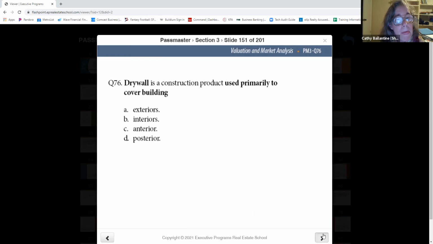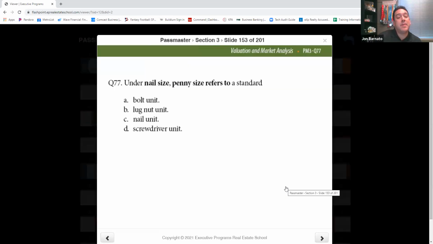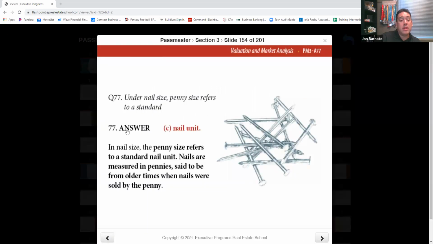B, interiors. Good. Under the nail size, penny size refers to a standard. C, nail unit, correct. When they do nail units, they do it by penny size. They think it was because nails used to be sold by the penny. The bigger the nail, the more penny.